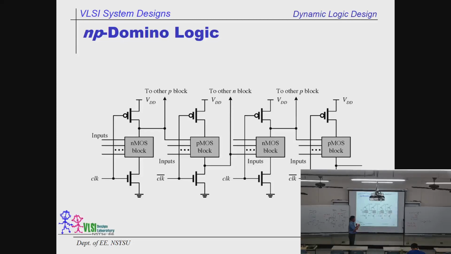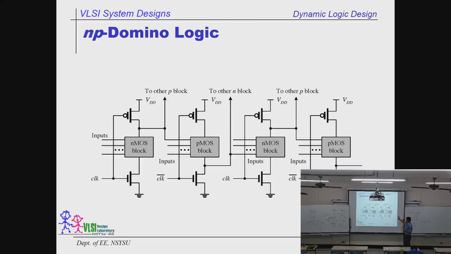But personally, I don't appreciate this design, because the P block is a huge monster. Even though you save some cost of the inverters, you're going to pay a large area of P blocks as well as their slow speed. So this is something I never appreciate.